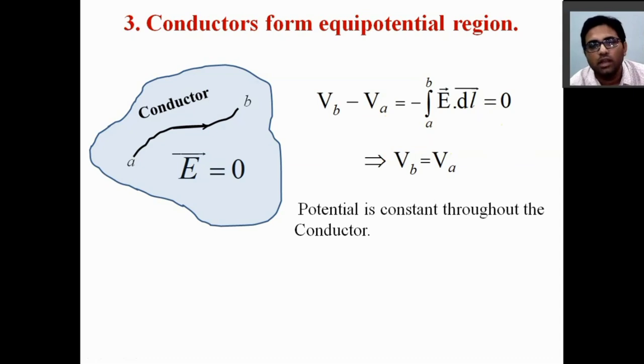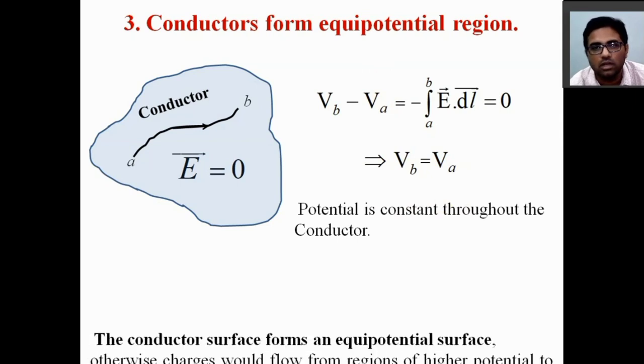As the electric field is 0 inside the conductor, this integration value will be 0 and the potential difference is also 0. So we get that the potential at point B is the same as the potential at point A. Thus the potential is constant throughout the conductor, right?